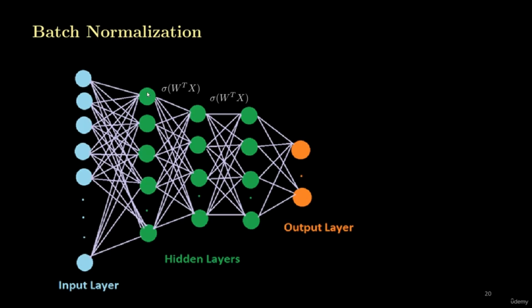Then from the first hidden layer to the second hidden layer, it gets scaled because this equation is responsible for the scaling in each layer. So when data travels from one layer to the next, due to this multiplication and this activation function, it gets scaled. So we need to normalize the data before passing it to the next layer. For that, we need batch normalization.